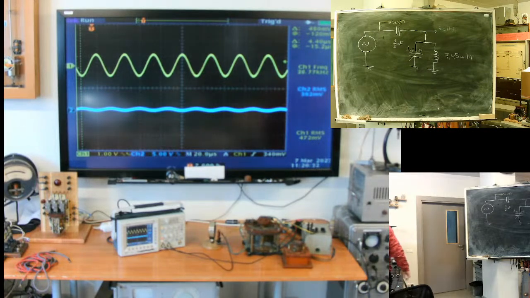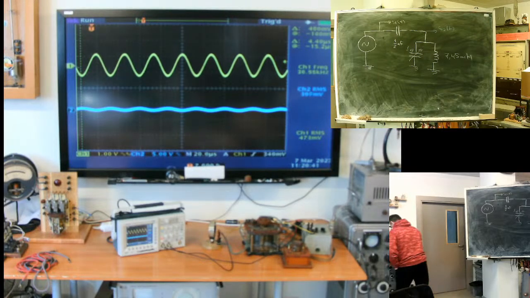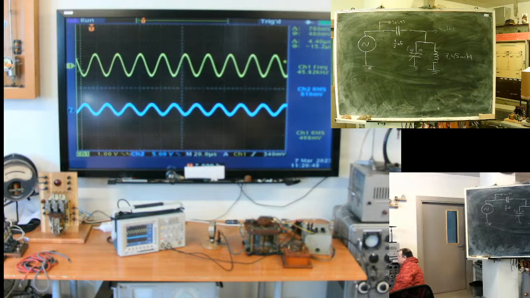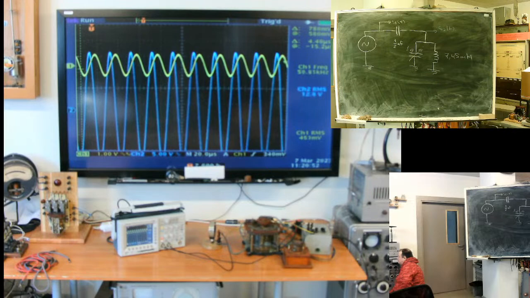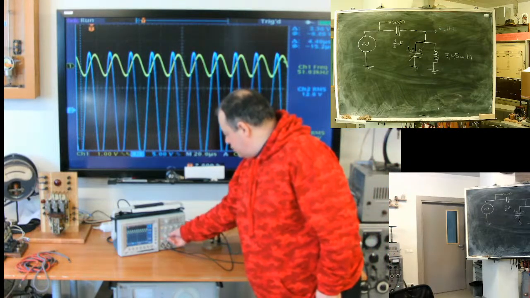I would like to draw your attention to these 2 digits. It's an effective value of the first signal and second signal. Look what happens when I change frequency. I'll need to change scale.